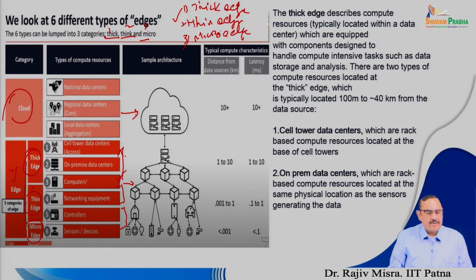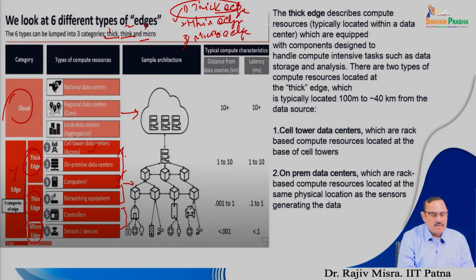Now, let us understand these 6 different types of edge. Let us see the further classification: how the 6 different types of edge are categorized into 3 categories: thick edge, thin edge and micro edge. Coming to the thick edge: when we say thick edge, it means either a cellular tower data center or an access data center.